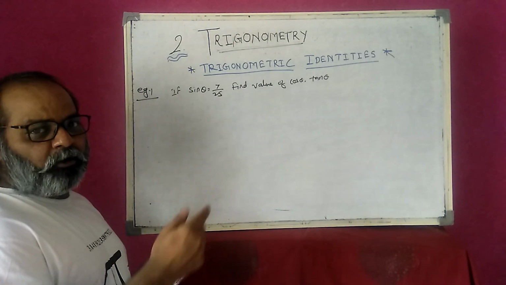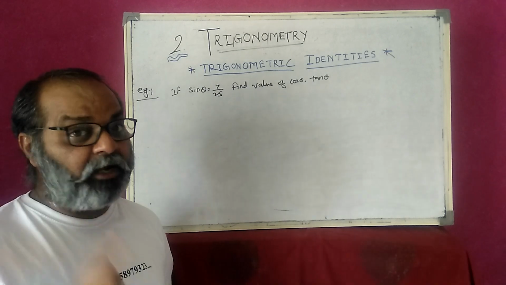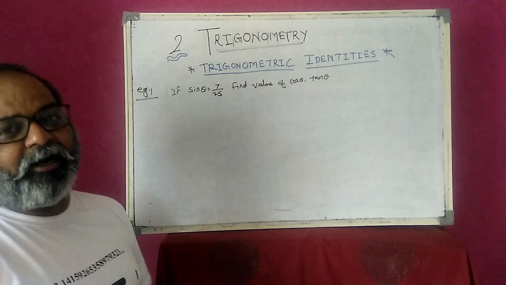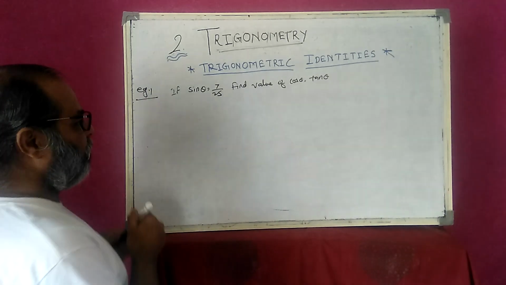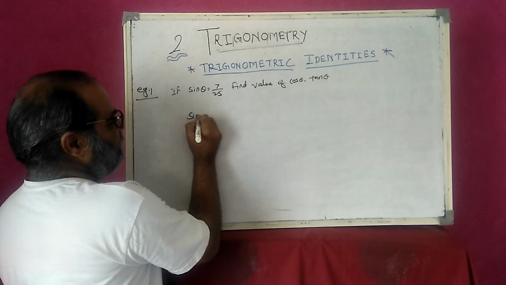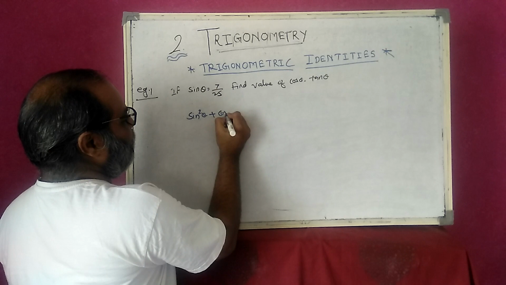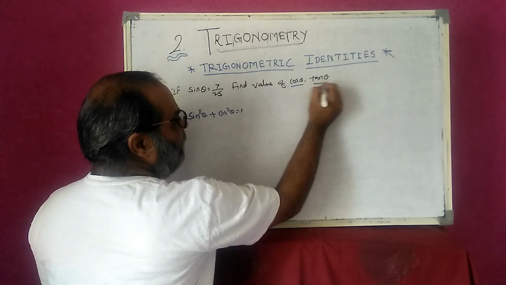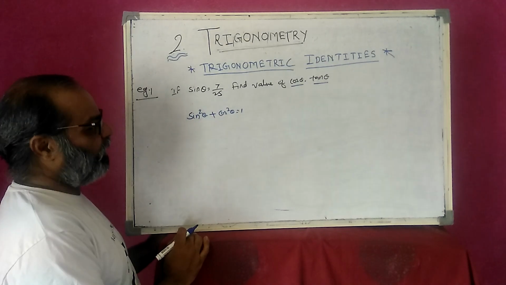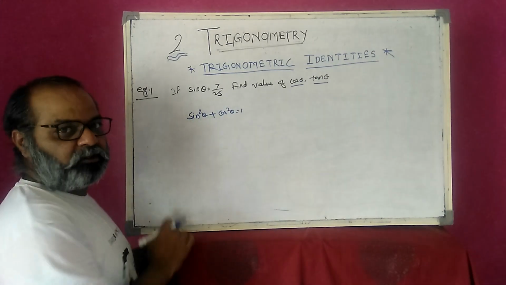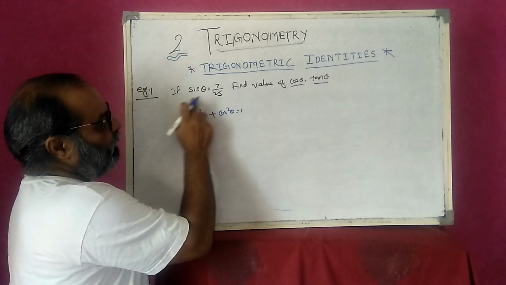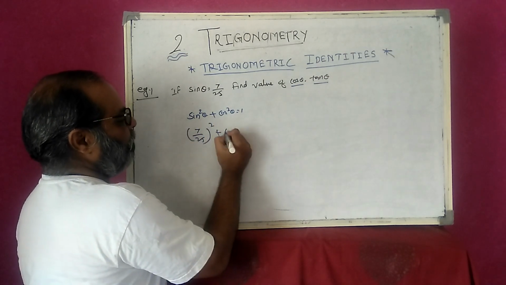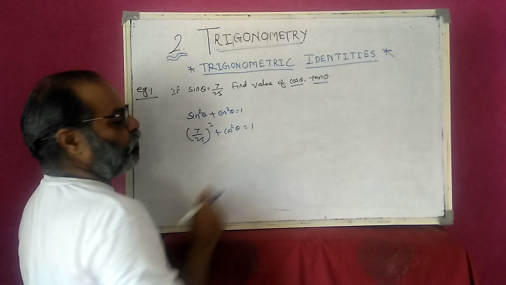Now, just before we prove the identities, sin theta is given. So what is the identity with reference to sin theta? Let us recall it. It is sin square theta plus cos square theta is equal to 1, because we want to find the value of cos and tan. So I put the value of sin theta, 7 by 25: (7 by 25) square plus cos square theta is equal to 1.